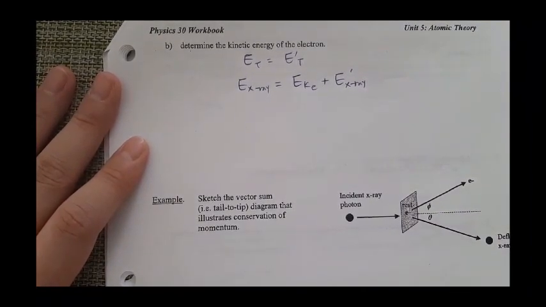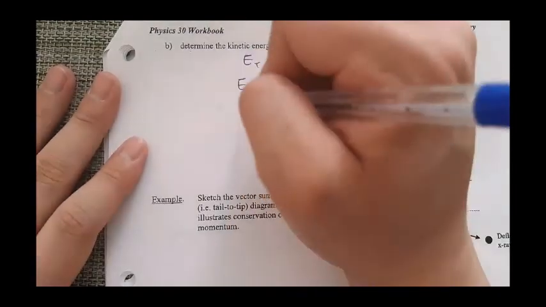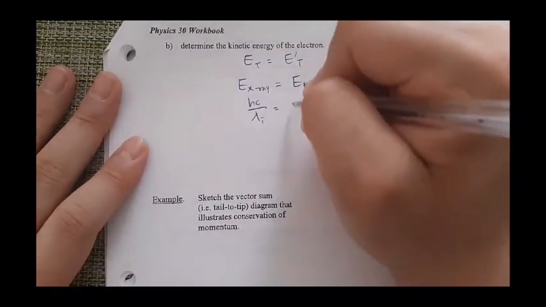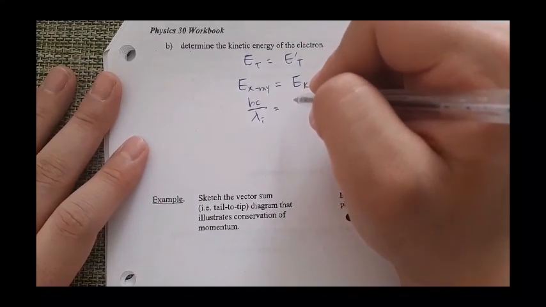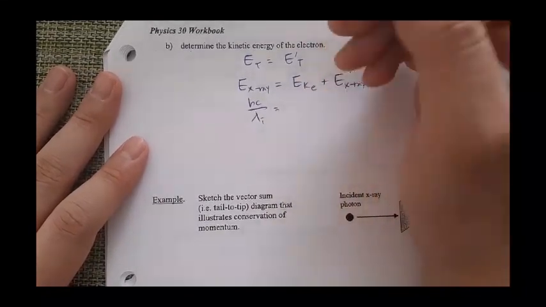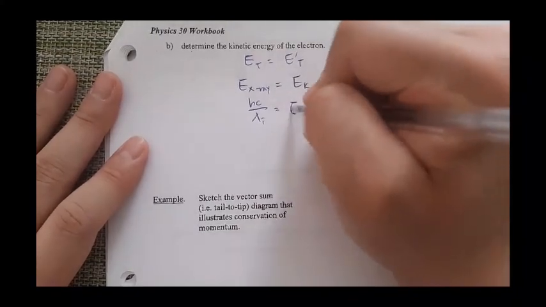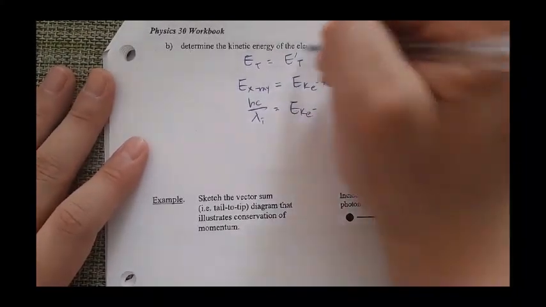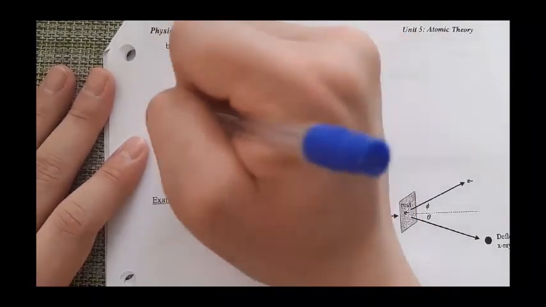We now know both of the wavelengths. I can say hc over lambda initial. We're not trying to find the speed of it, so I can just put EKE. And if I move this to the other side, it would be better.